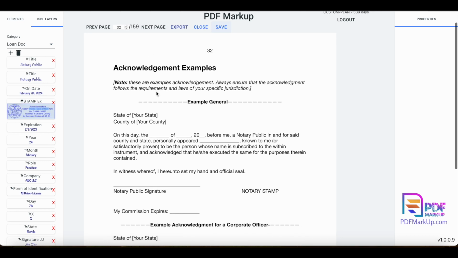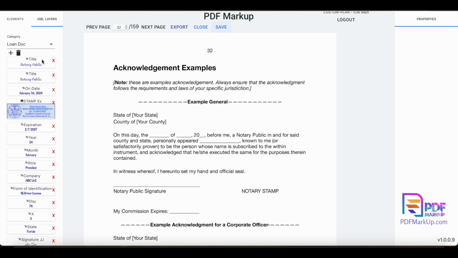So on page 32 is an example of an acknowledgement. The page before that goes over what acknowledgements are and how you're supposed to execute an acknowledgement. Okay? Always ensure that the acknowledgement follows the requirements and laws for your specific jurisdiction. Okay?